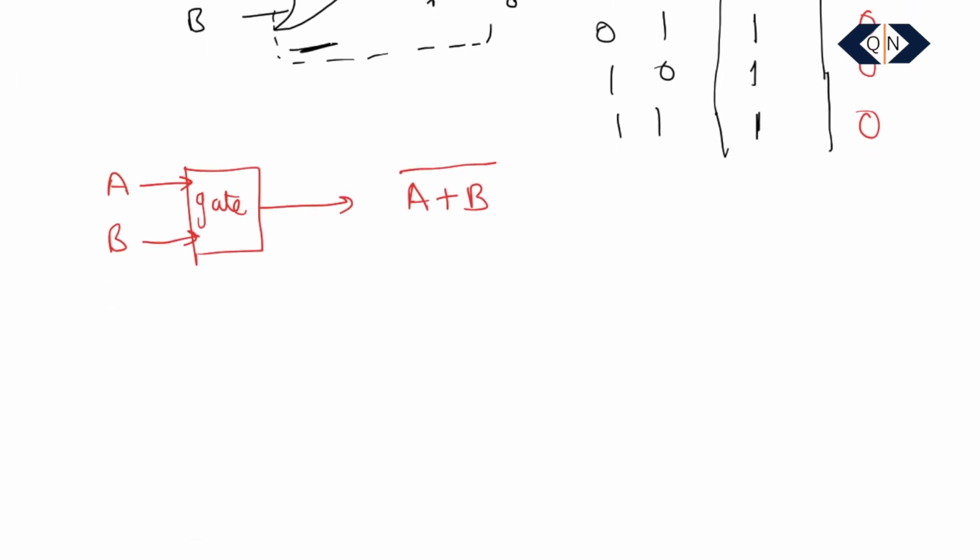So how do we represent a NOR gate? We represent NOR gate like this. This is NOR and one dot here. This is the input and this is the output.